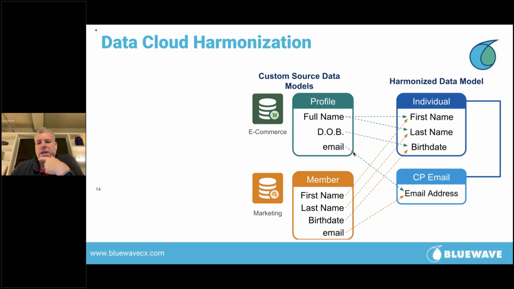So as the first names come in, we map them, date of births, email addresses, etc. So we're gathering up the identifiable information from these individual systems and mapping it to a single individual object. And then pulling out other identifiable information, such as your email address, and pulling that in and starting to create that on our contact point email object in Data Cloud.